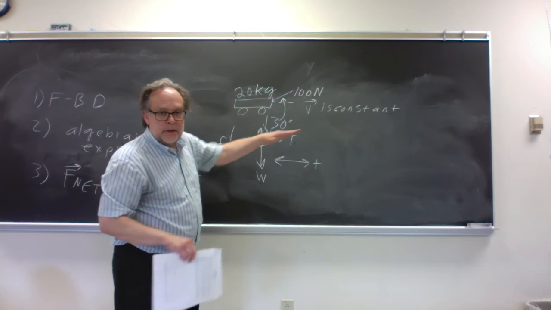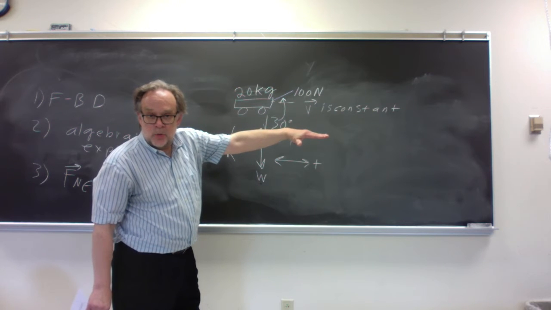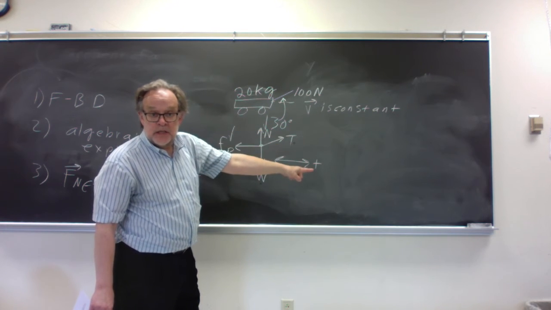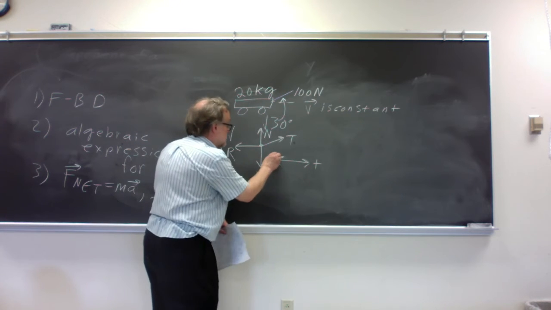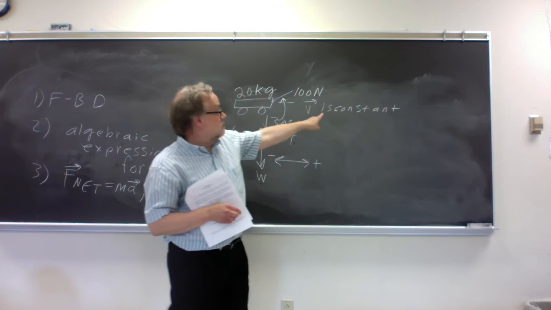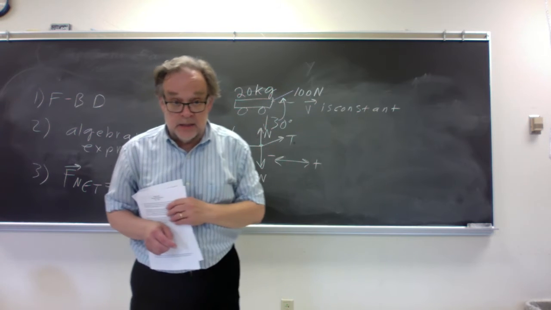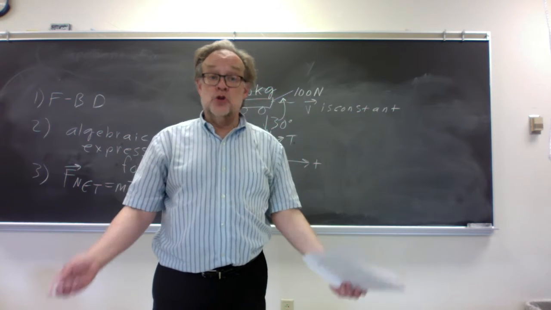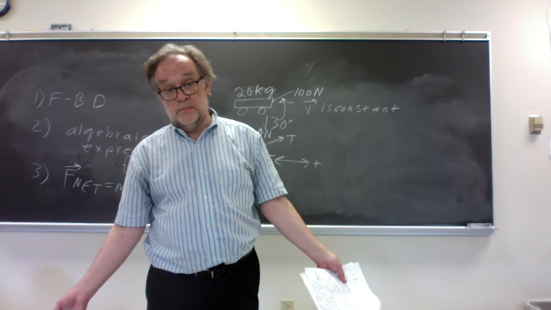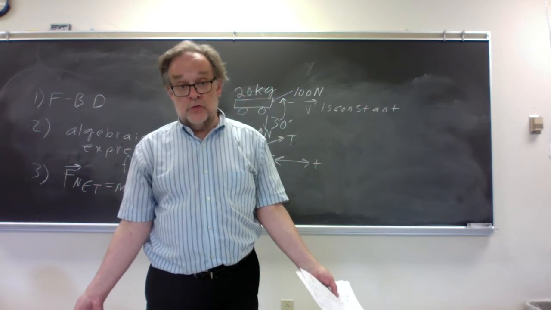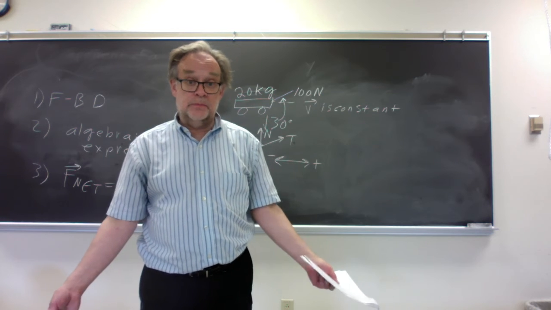I'm pulling the wagon that way, so I'll say that positive is the direction of motion, negative direction is opposite to the direction of motion, and the velocity is constant in this case, which means there's no acceleration, which means there's no net force. If there were a net force, there would have to be acceleration.